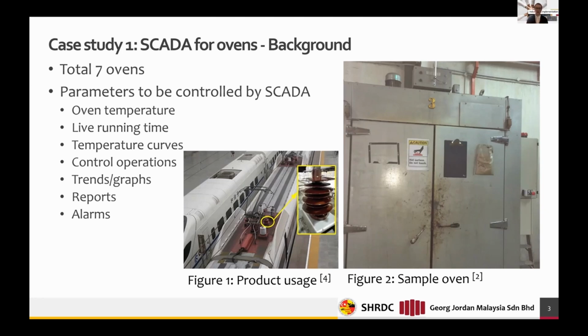At the end, we need trends, we need graphs, we need to generate reports and alarms if anything goes wrong. That is the background of the process. Let us see how we implemented and what challenges we faced.